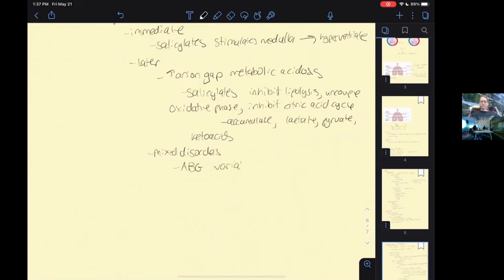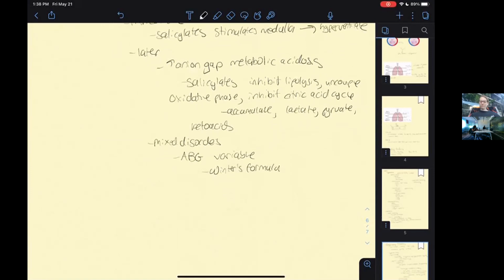Something that Shy will go over later is Winter's formula, which is the classic thing you use to figure out whether a mixed disorder is happening or not. But I'm not going to go into it now. Shy will go over what Winter's formula is, and it's essentially a formula that predicts what the CO2 should be in a metabolic acidosis.